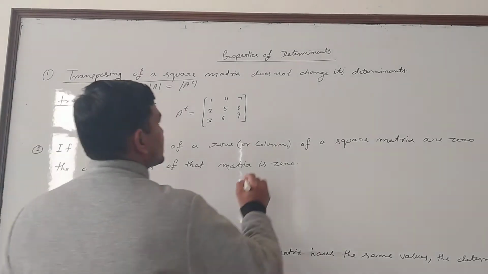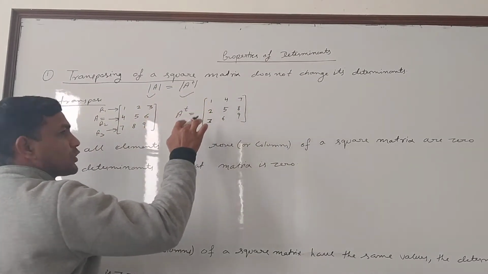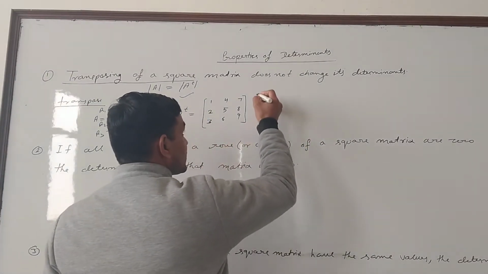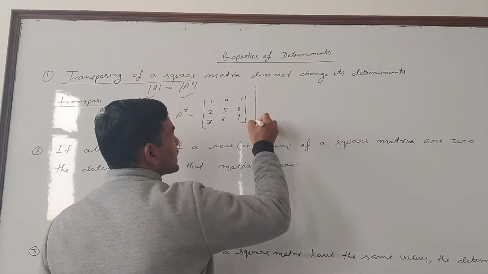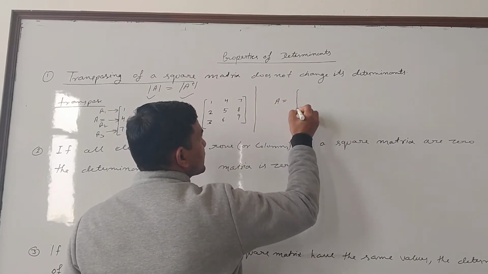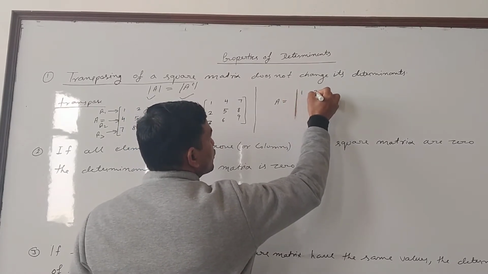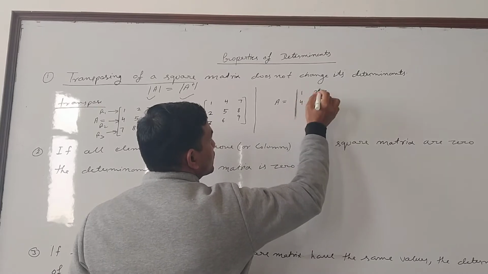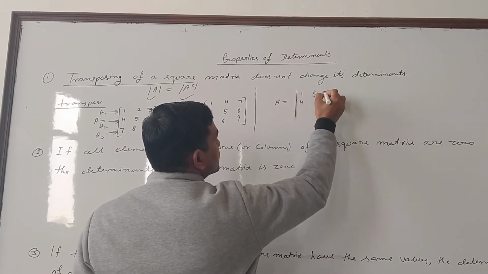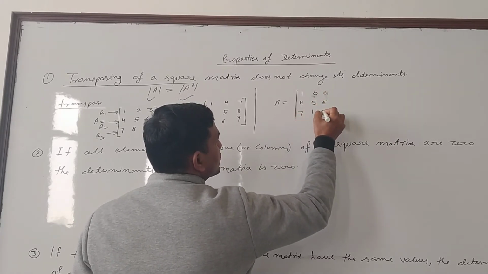Now, the condition is that the determinant of a matrix is always equal to the determinant of its transpose. For example, suppose that we have a matrix A, this is the determinant A, equal to 1 0 1, 1 0 0, 5 6 7 and 1 2.